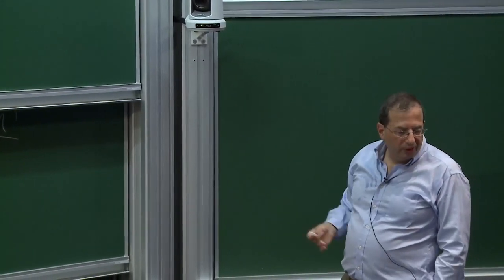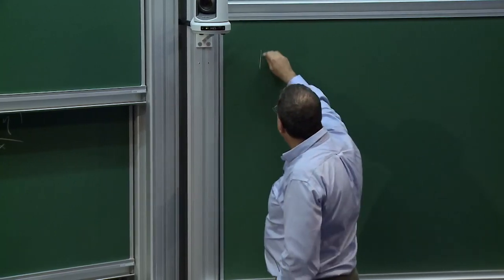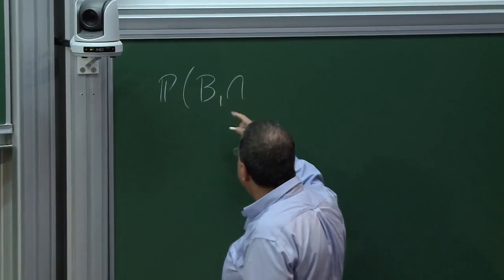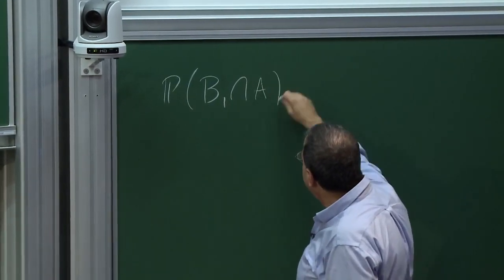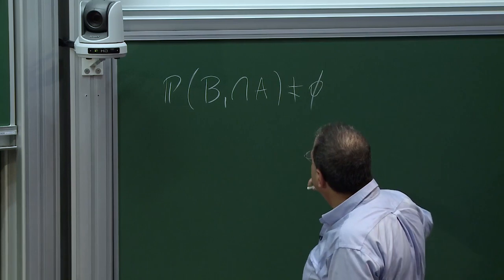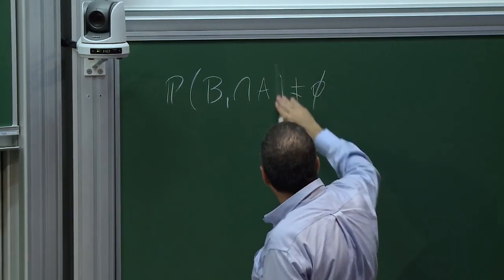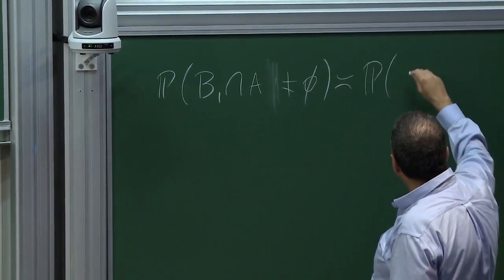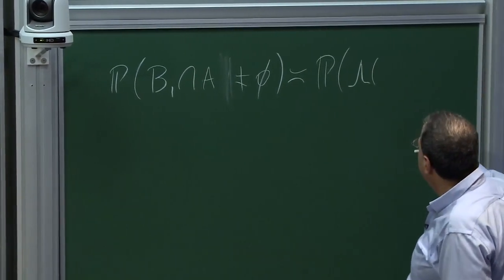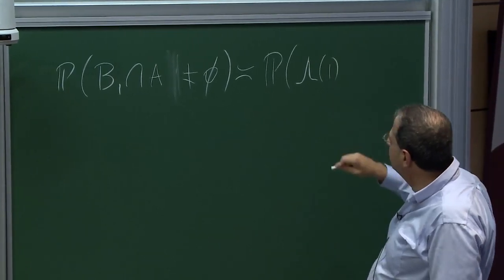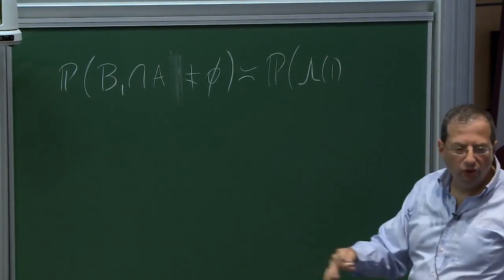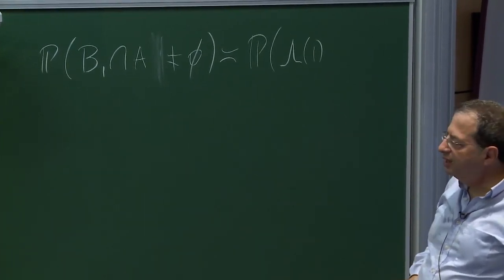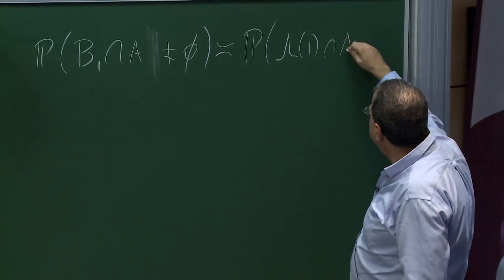Putting these together, say, with Kakutani's theorem, we see that the probability that the Brownian motion, let's call it just B1, intersect A is non-empty, is equivalent to the probability that lambda 1 intersect A is non-empty. So lambda 1 is, remember, a random set corresponding to the index 1.